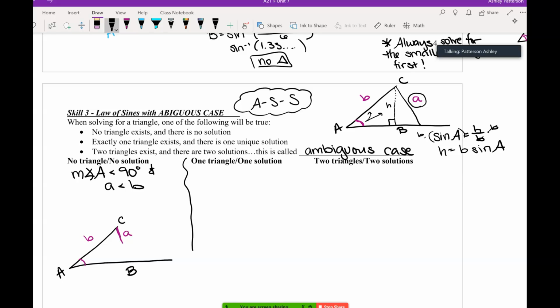Well, if this is the case, then the corresponding side, when tested with the height, which remember, we found that the height can be represented as the non-corresponding side times the sine of the given angle. If the corresponding side is less than the height, it's never going to meet the base. No triangle exists.